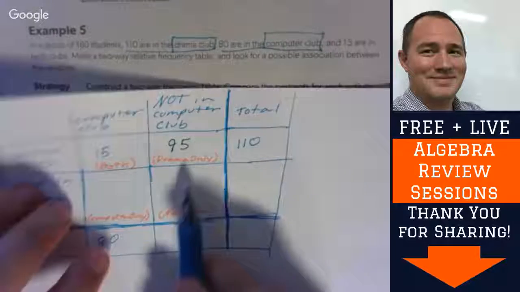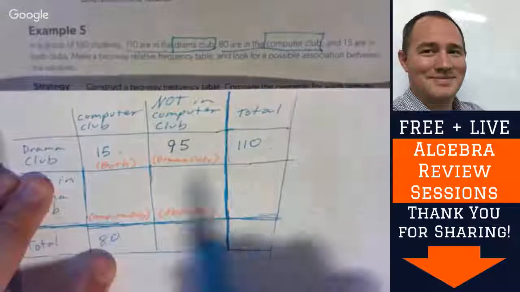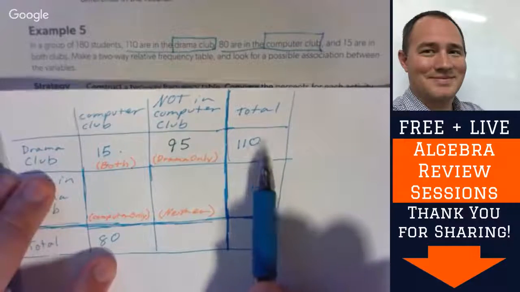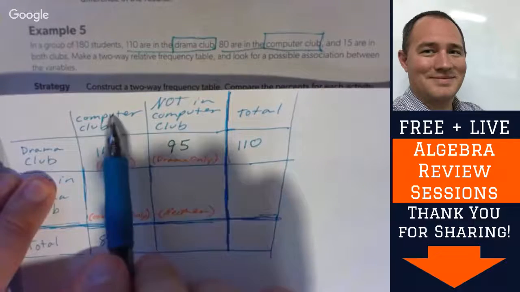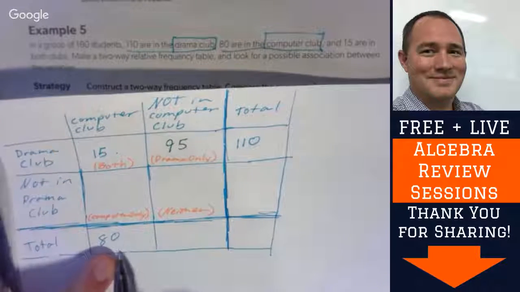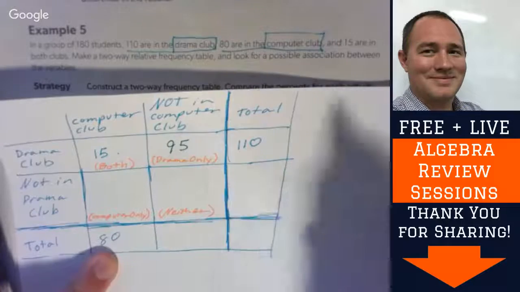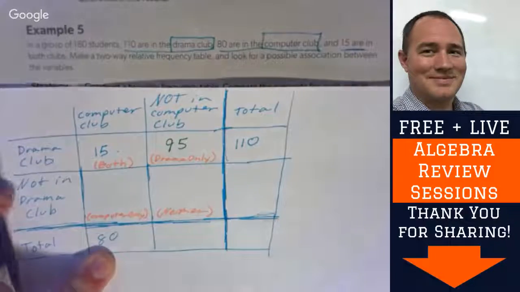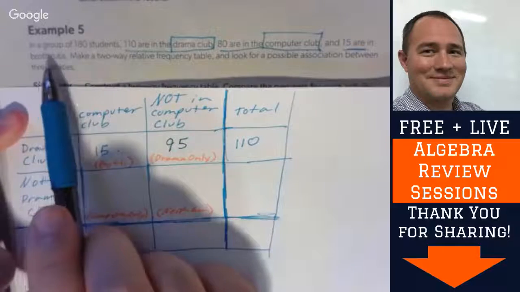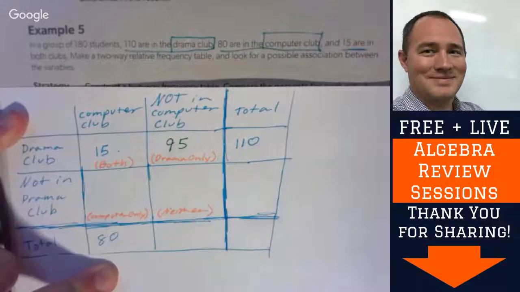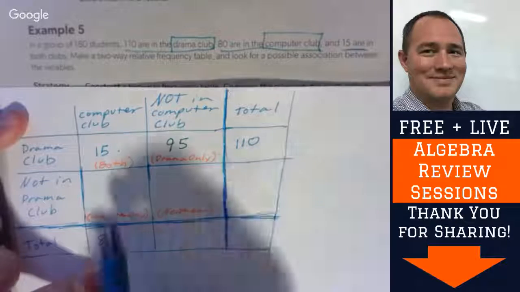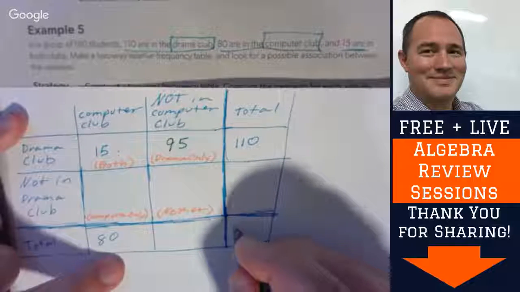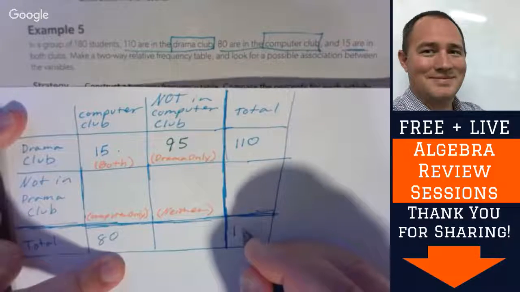Because we filled in the 110 here of all of Drama Club, and we filled in the 80 here of all of the students in Computer Club. We filled in the 15 that are in both. But now it's telling us that it's a group of 180 students, right? So this is going to be the total number of students surveyed right down here.